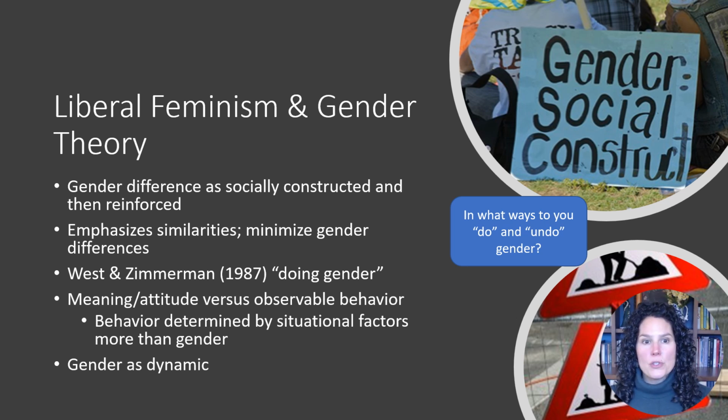But what we also know is that our behavior is more affected by our current situation than by our gendered beliefs. And so, yeah, maybe I think that I should be the breadwinner, but my wife is in a position where she can earn a lot more money than me at what she's doing right now.